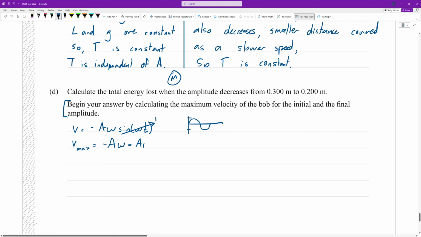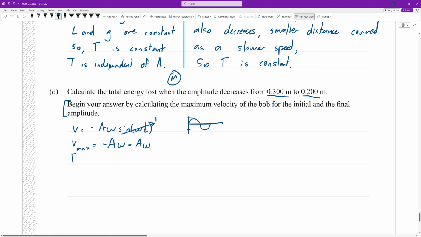And if we're looking for energy, we don't care about which way it's swinging. So the maximum velocity is equal to the amplitude times the angular frequency. Notice the amplitude does change, but the angular frequency remains constant. And we calculated that before, 2 pi divided by the time period.